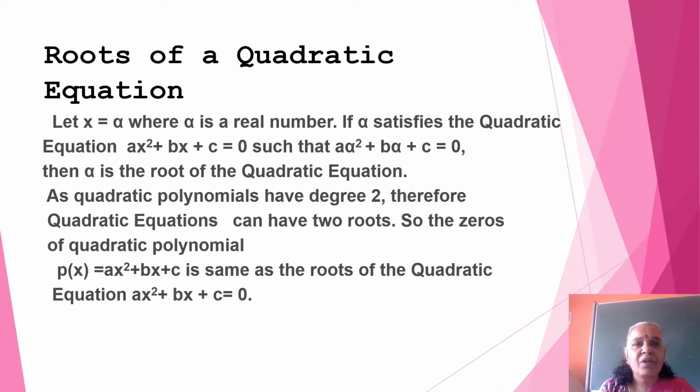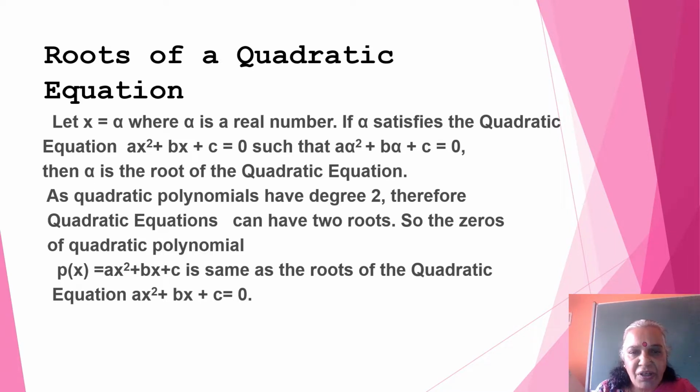Roots of a quadratic equation. Let x equal alpha, where alpha is a real number. If alpha satisfies the quadratic equation ax square plus bx plus c equal to 0, such that a alpha square plus b alpha plus c is equal to 0, then alpha is a root of the quadratic equation.